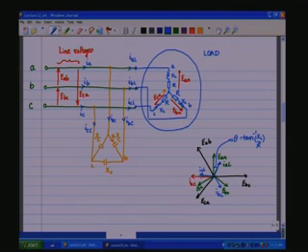Now, if we look at the current IA, IA is the vector sum of IAC and IAL, and therefore, if we superpose IAL on IAC, we get IA. By applying KCL, we get IA as the vector sum of IAL and IAC, and you see that IA is now almost in phase with EAB, because we have put a capacitive network.